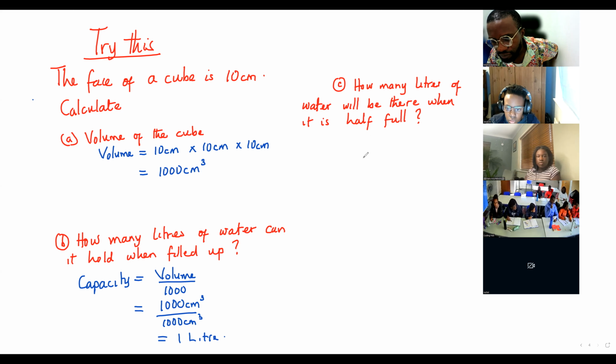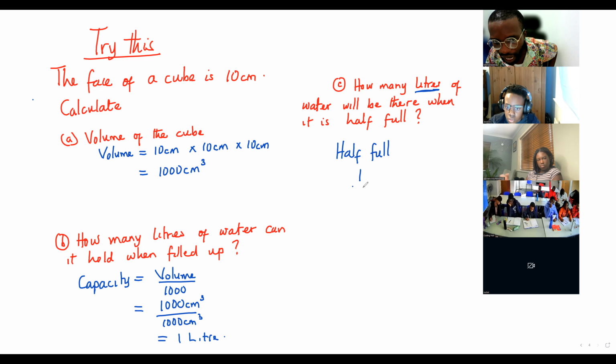Now you see why you're wrong. Capacity is liters, so you are not dividing the volume by 2. It is the capacity you are dividing by 2 when it is half full.